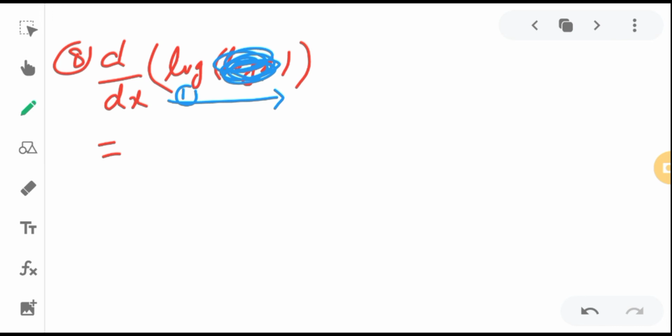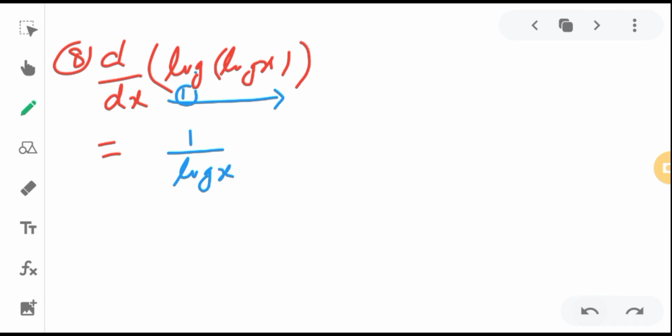Log x derivative, you know what is the derivative of log x? 1 upon x, correct. So you will write 1 upon x, but it is not x. Instead of x, it is log x. So instead of x, you will write log x. So the log derivative is done.